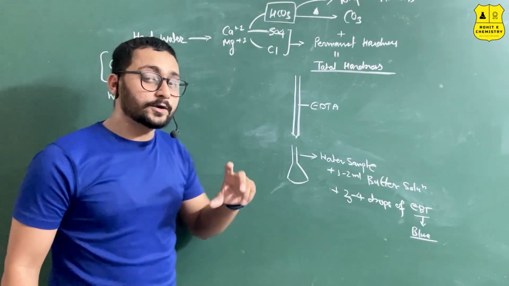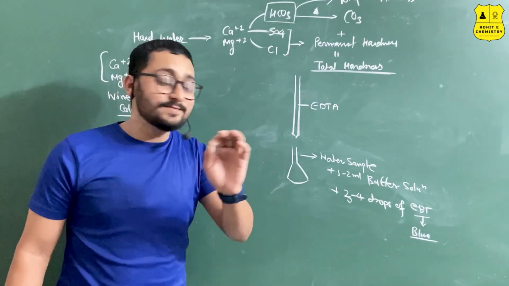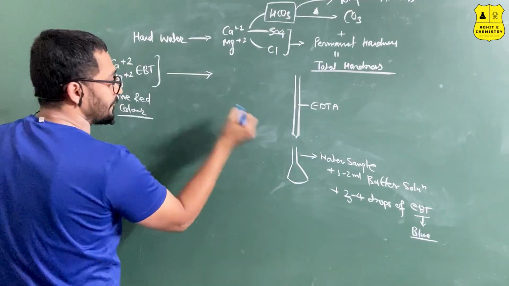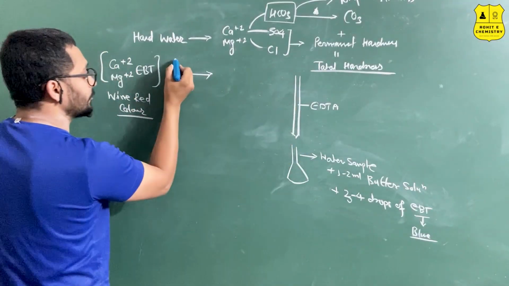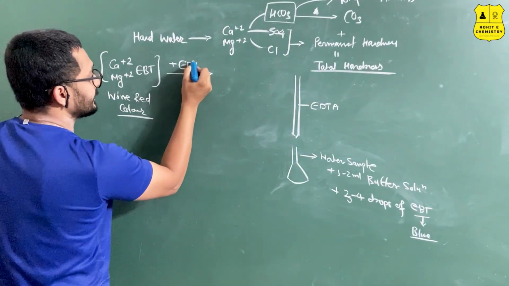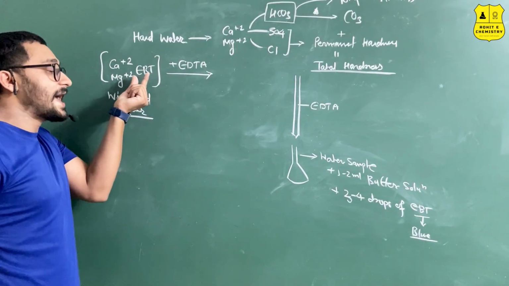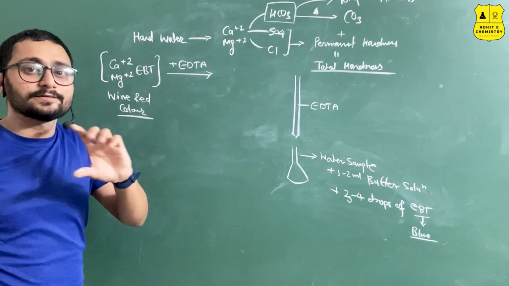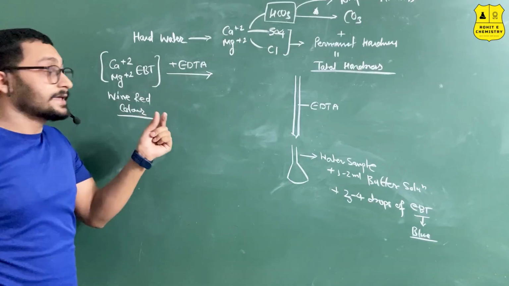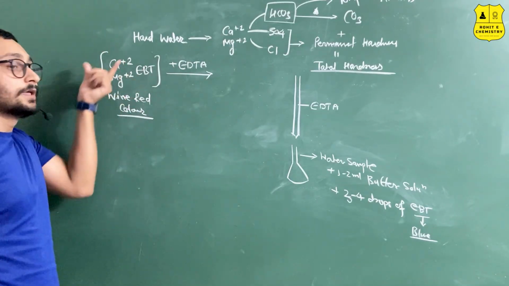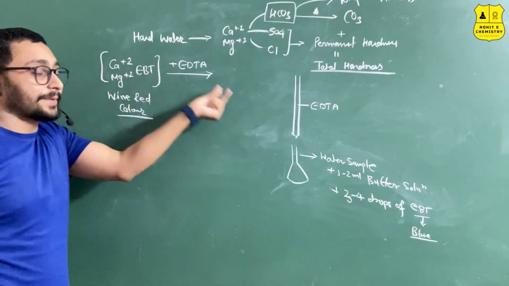So now what will be the end point color of the conical flask solution? Very simple. After that, we add EDTA from the burette. This EDTA displaces the Eriochrome Black T, and after a sufficient concentration of EDTA, the Eriochrome Black T is completely displaced from the complexes and separates, right?